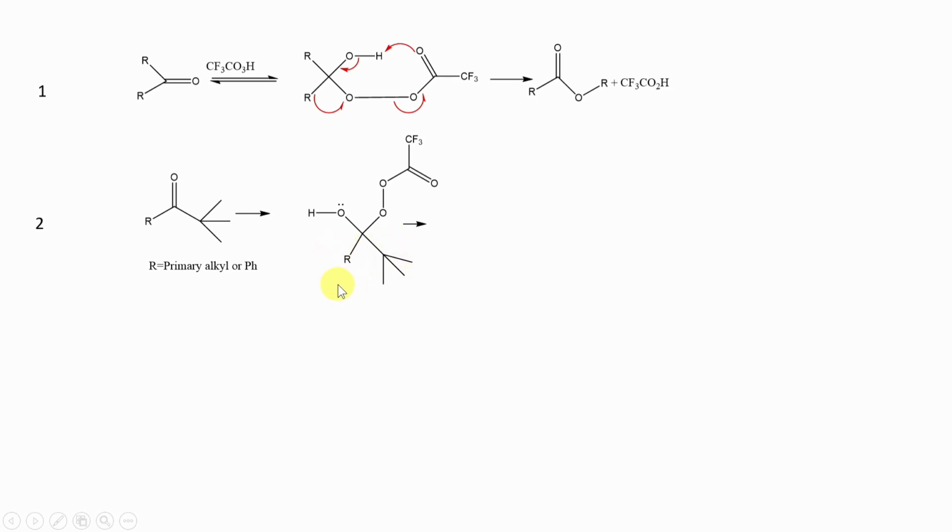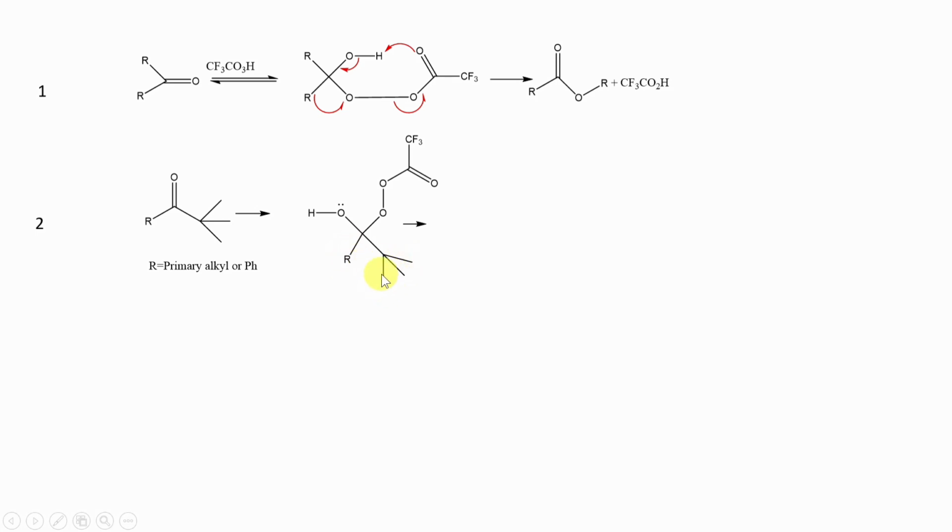This R group is actually a primary alkyl or phenyl group, and the other is a tertiary butyl group. When this ketone is unsymmetrical, the migratory aptitude of these two alkyl or aryl groups matters.